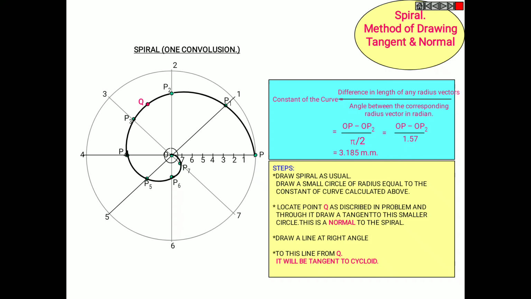That's your 3.18 mm circle. This small circle gives the normal, and draw the line at right angle, which will be your tangent.